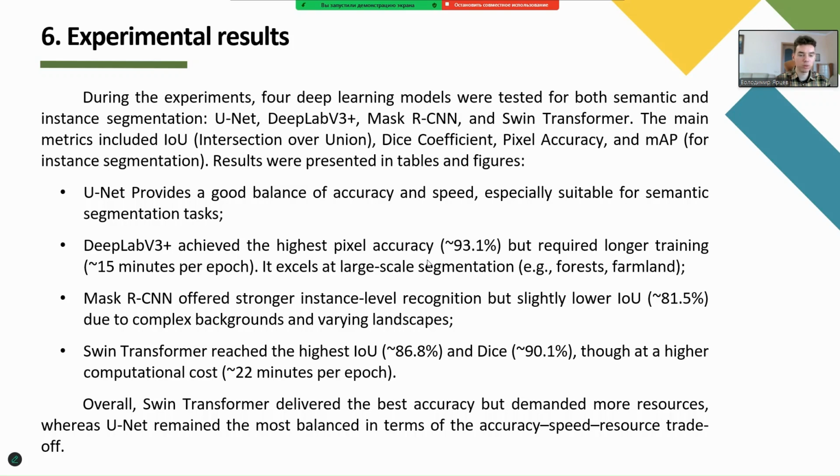Swin Transformer achieved the highest IoU and dice, but at a higher computational cost. Overall, Swin Transformer delivered the best accuracy but demanded more resources, whereas UNet remains the most balanced in terms of the accuracy, speed, resource trade-off.